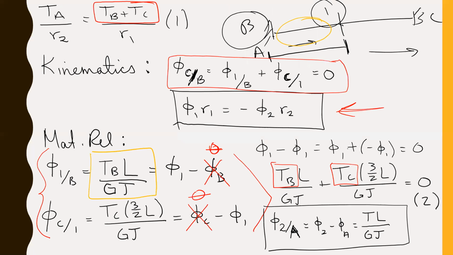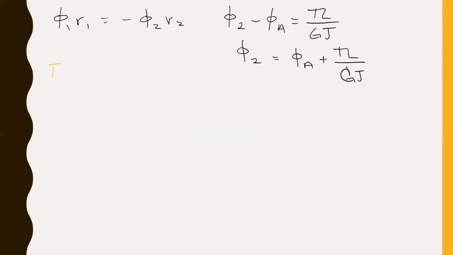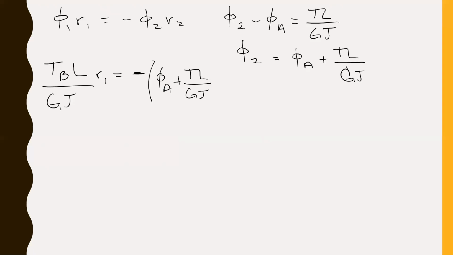So we have TB L over GJ times R1 equal to a negative phi A plus TL over GJ, times R2. Now in this equation, both of the radii are known.